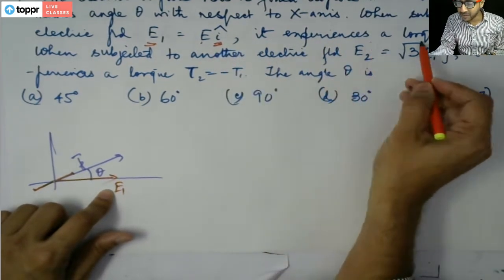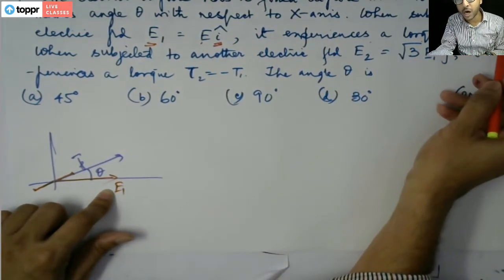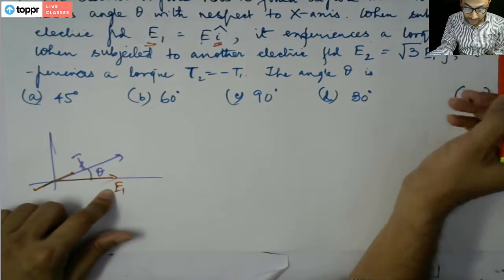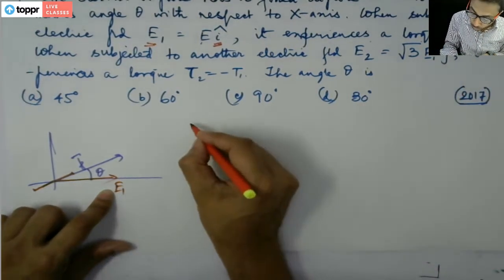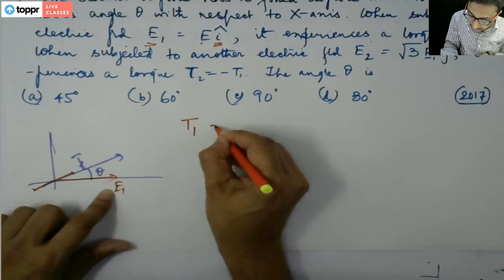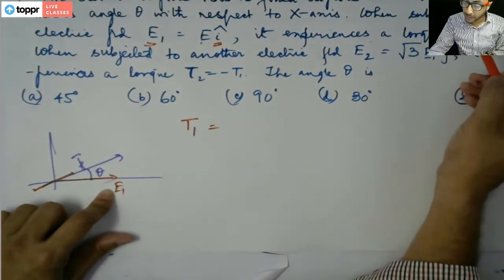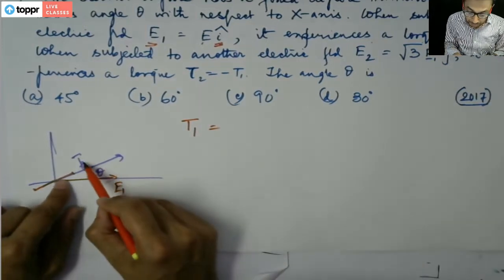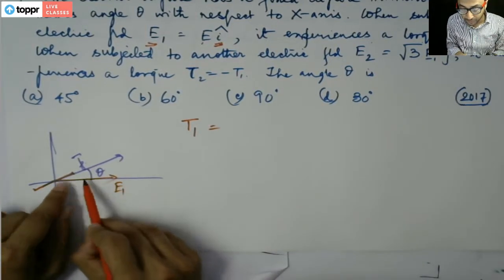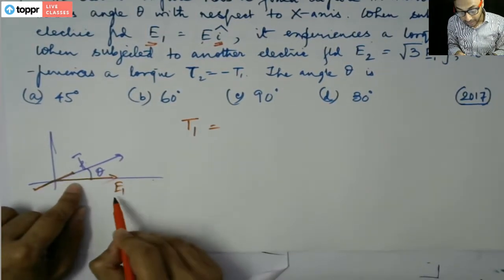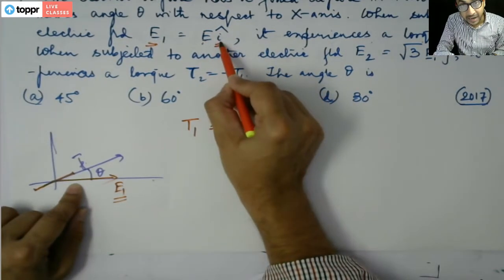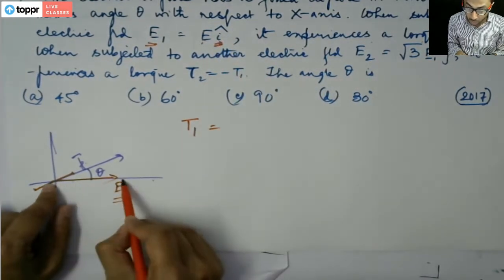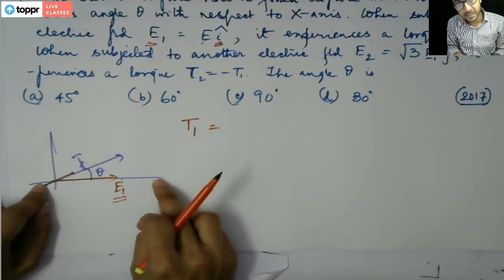It experiences a torque T1 equal to tau K. Now see, the torque T1 is nothing but the cross product between P and E1. P is at an angle of theta with the x-axis. E1 is E I. It means that E1 is directed towards the x-axis.